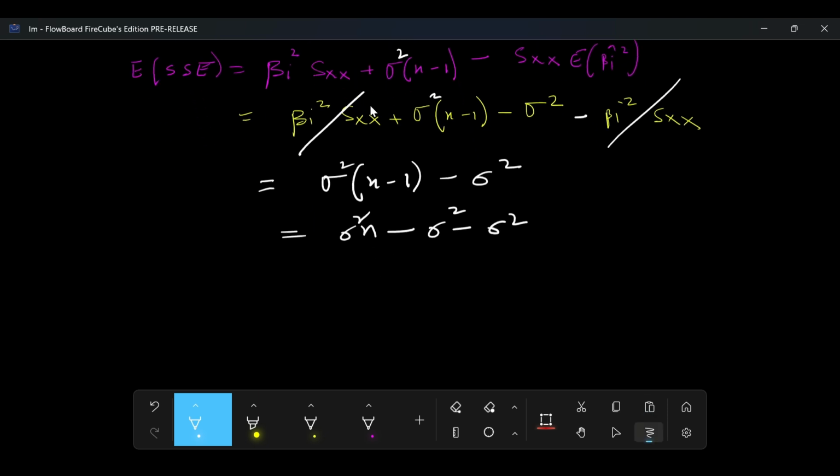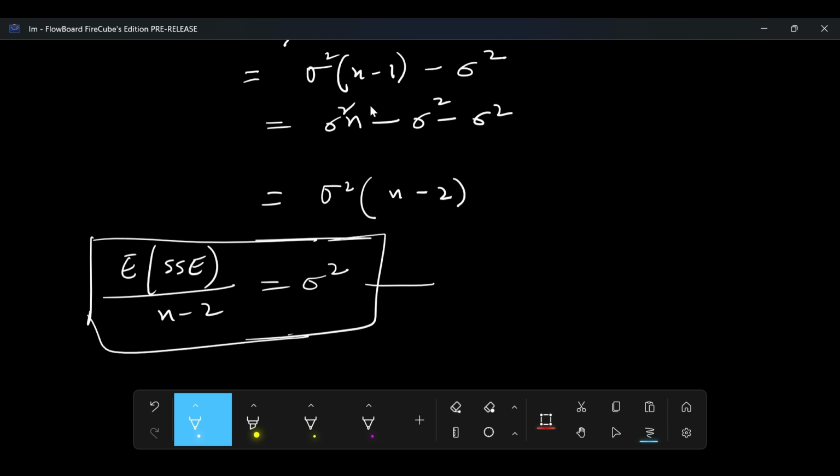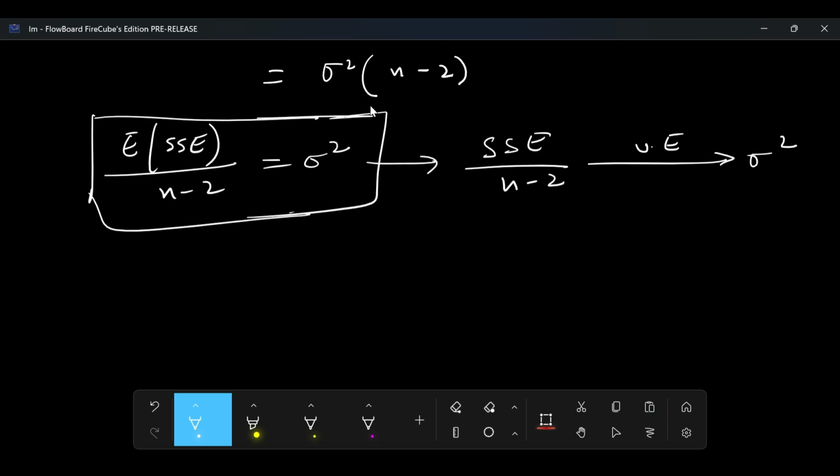Take sigma square common, so we are left with n minus 2. So from here, expectation of SSE divided by n minus 2 is equal to sigma square. So this is an unbiased estimator of sigma square. So SSE divided by n minus 2 is an unbiased estimator of sigma square. Also, this term we call mean square error, that is equal to sigma square. So MSE is equal to sigma square. This will be useful to you in ANOVA, it is very useful there.